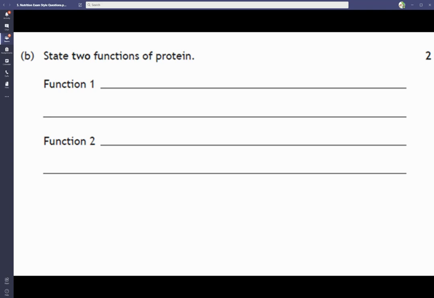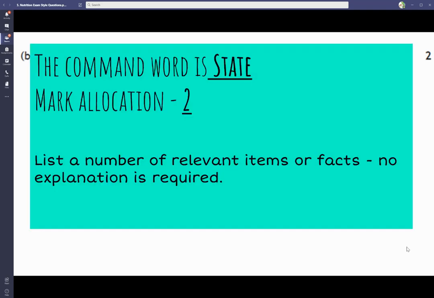It could just be the lines that you see. It might not clearly state 1 function and 2 function. So getting into the habit of looking at how many marks are awarded for that question will ensure that you are providing enough information. Again, the command word is state, the mark allocation is 2, so you should list a number of relevant facts or items. No explanation is required.